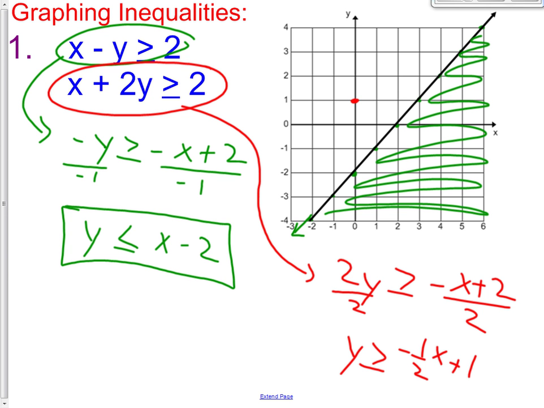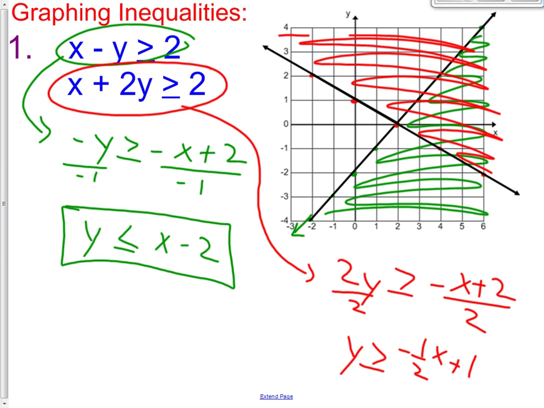And then what we have is a slope of a negative 1/2, so down 1 over 2. And there's your slope. So let's connect these dots with a solid line. And now let's shade on this one. So when it is greater than, we're going to shade everything above the line. So let's shade everything right up in here.